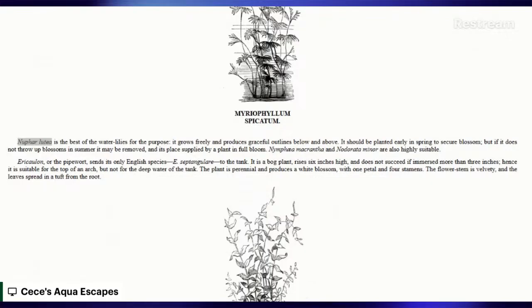But if it does not throw up blossoms in the summer, it may be removed, and its place supplied by a plant in full bloom. Nymphaea macrantha and N. odorata minor are also highly suitable.